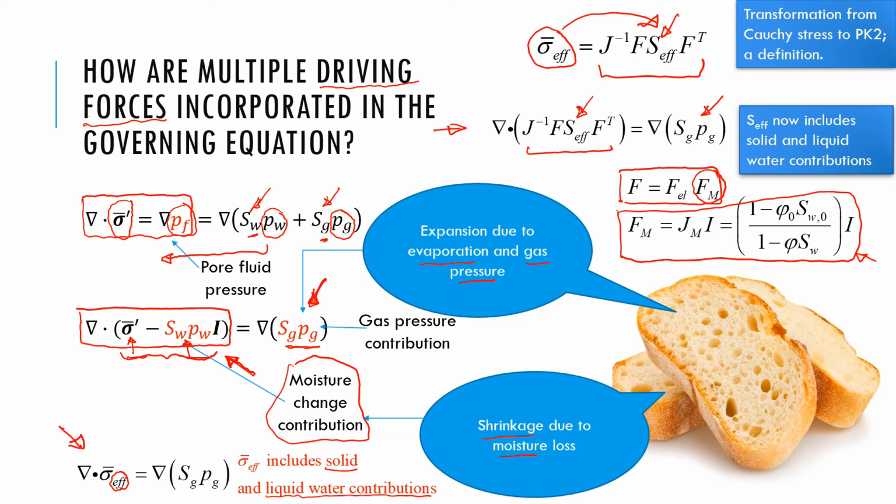This part is enforced, so this is given. If you lose water, then how much you change F_M is given. So if we plug F back in here, what we would be solving for is eventually F elastic, and we will get the deformation this way.